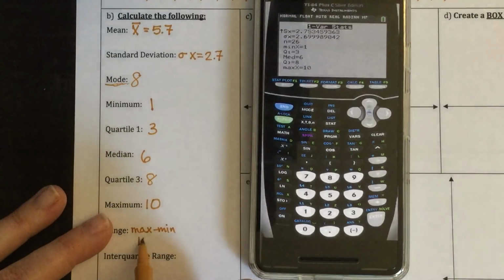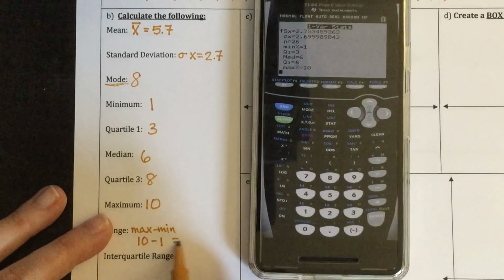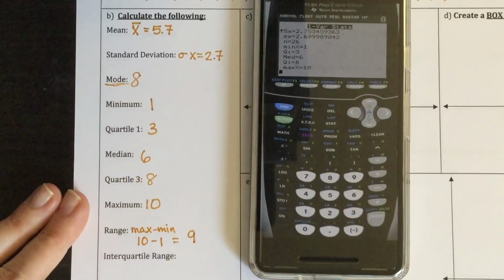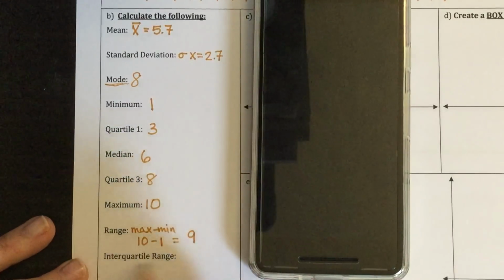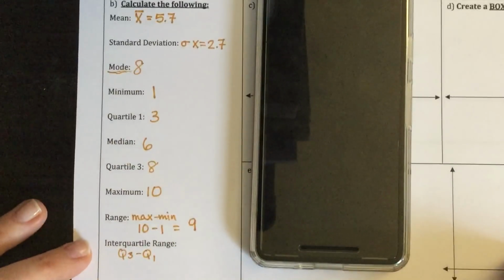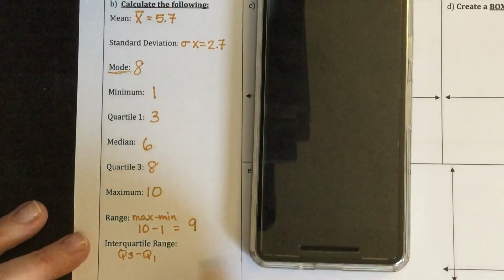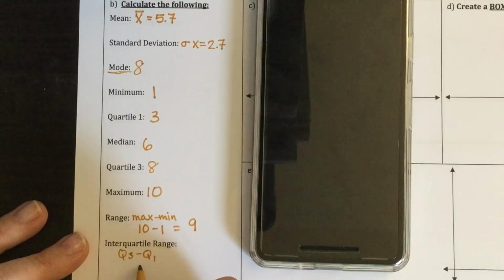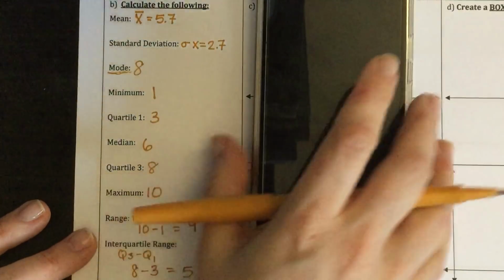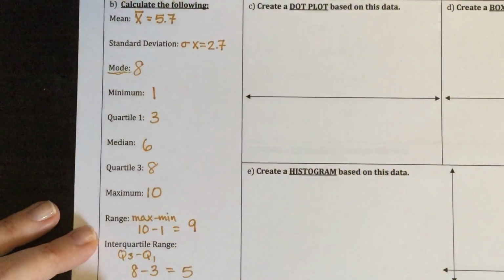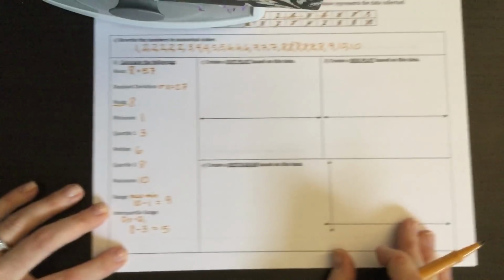So that's going to be 10 minus 1, and that equals 9. So my range is 9. My interquartile range is Q3 minus Q1. Q3 was 8, Q1 is 3, so 8 minus 3 is 5. Okay, we don't need our calculators anymore.